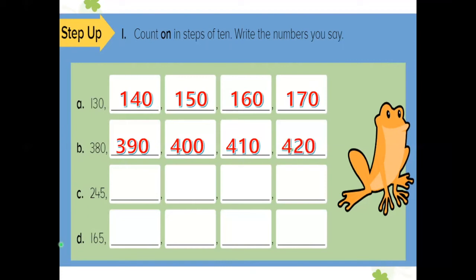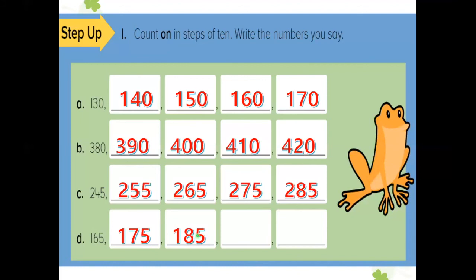Next, letter C, we have here 245. Count on in steps of 10. It's very good, 255. Next, 265. Very good, 275 and 285. Very good, kids. Next, letter D, 165 plus 10. Very good, 175. Next, 185, 195, and 205.